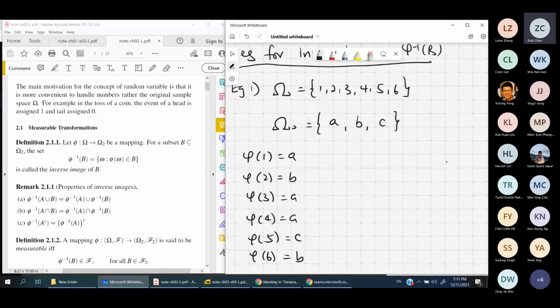Let's say our B is equal to {A, C}. What is the inverse image?